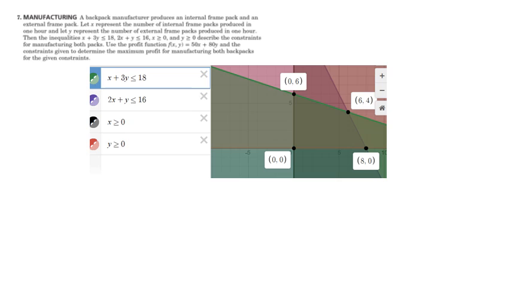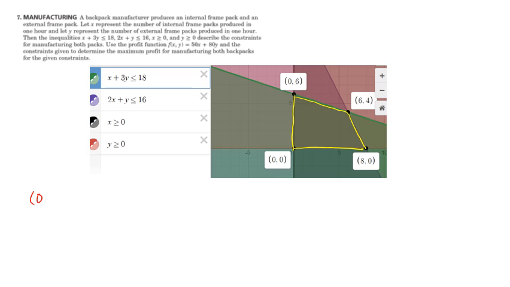All right, so I graphed it into Desmos, and then I found this is the area where they overlap. All right, so here are all my possible combinations of backpacks. So I could produce no backpacks, that's (0, 0).